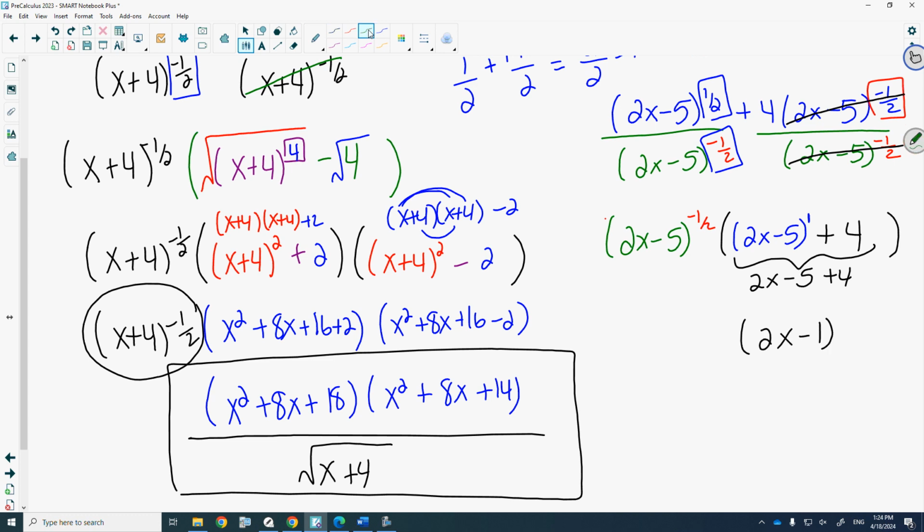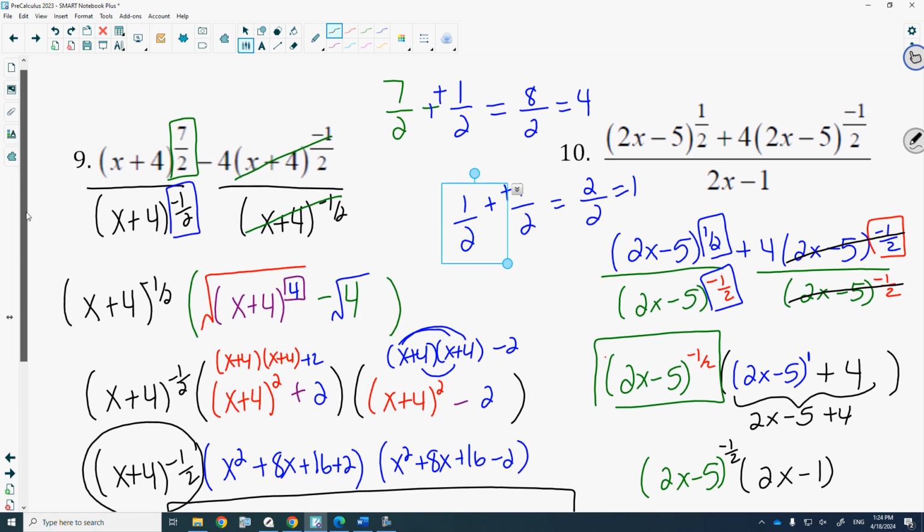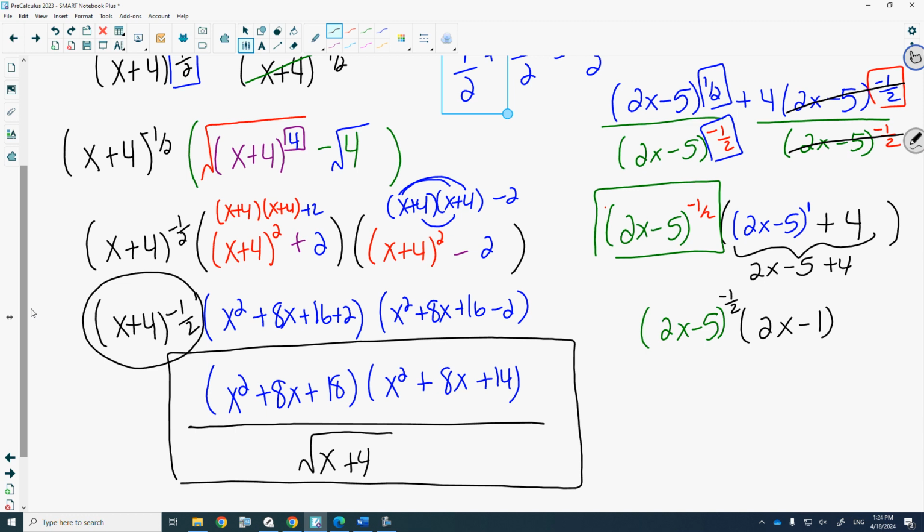Now remember, this was my GCF to the negative 1/2. So what I have is that's my numerator factored, and that numerator is all over the denominator of 2x minus 1.